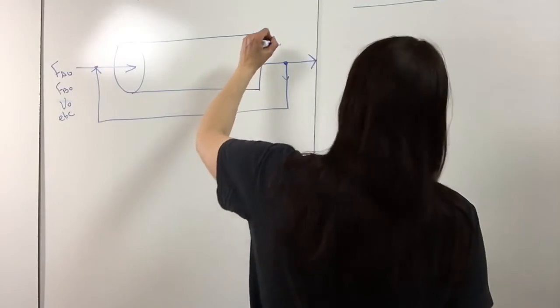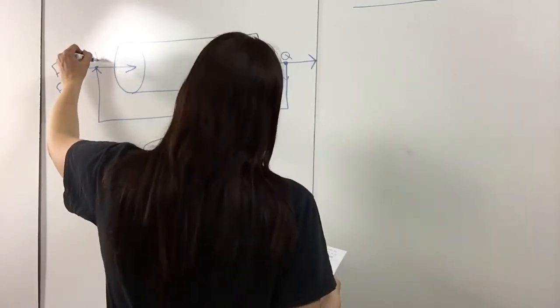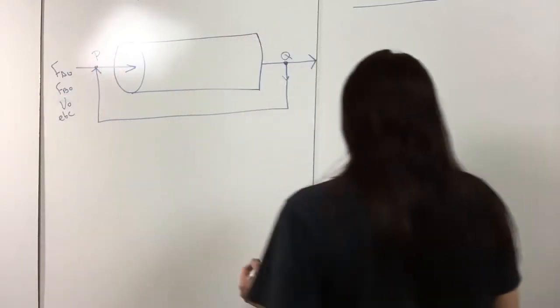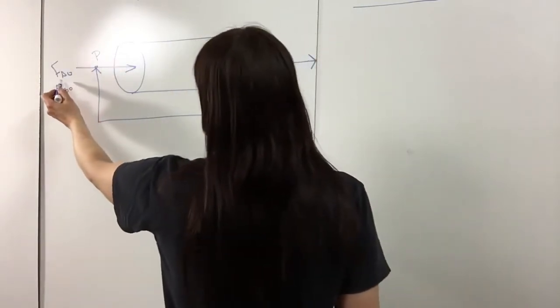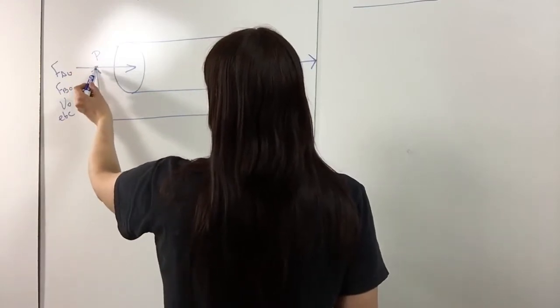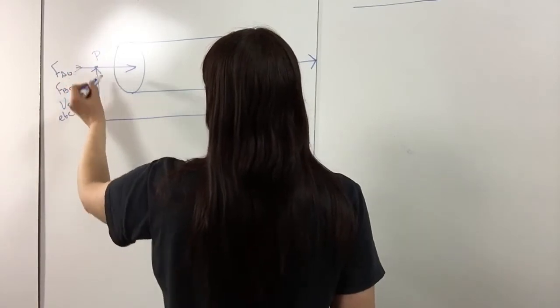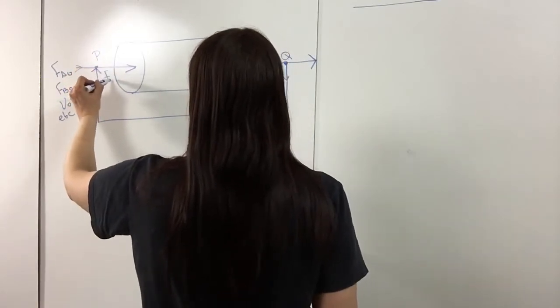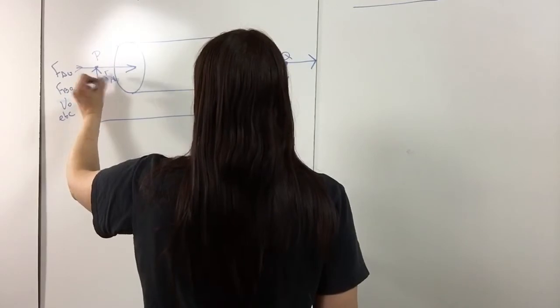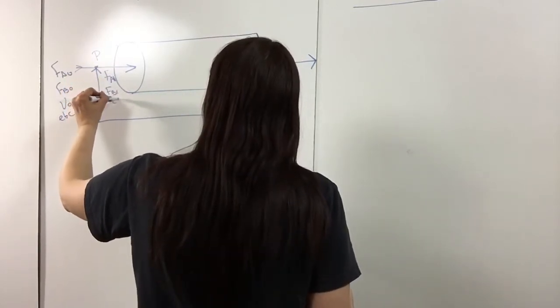You can call this point Q, and this P. Then you can start naming some of these streams. You have FA naught here, and this stream will be this plus this, and I'm going to call that FA1, FB1, etc.